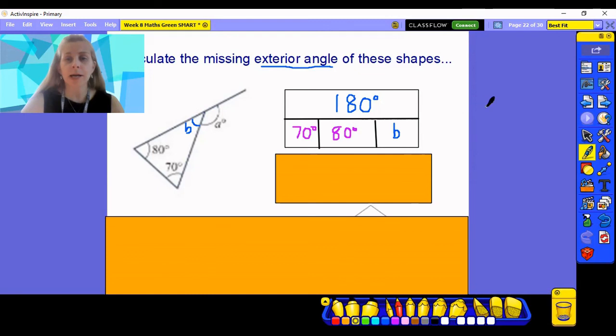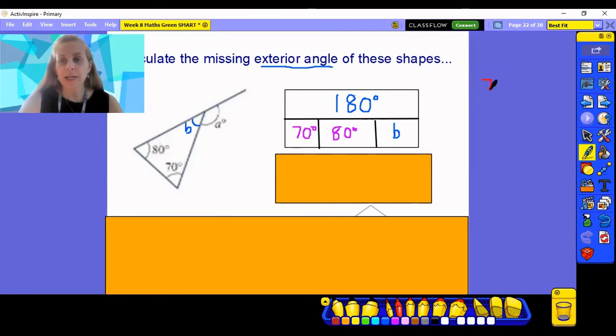Firstly, we need to put these two totals together. So if we have our 70 plus our 80, we know how much we're going to be taking off our total to find out what is left.